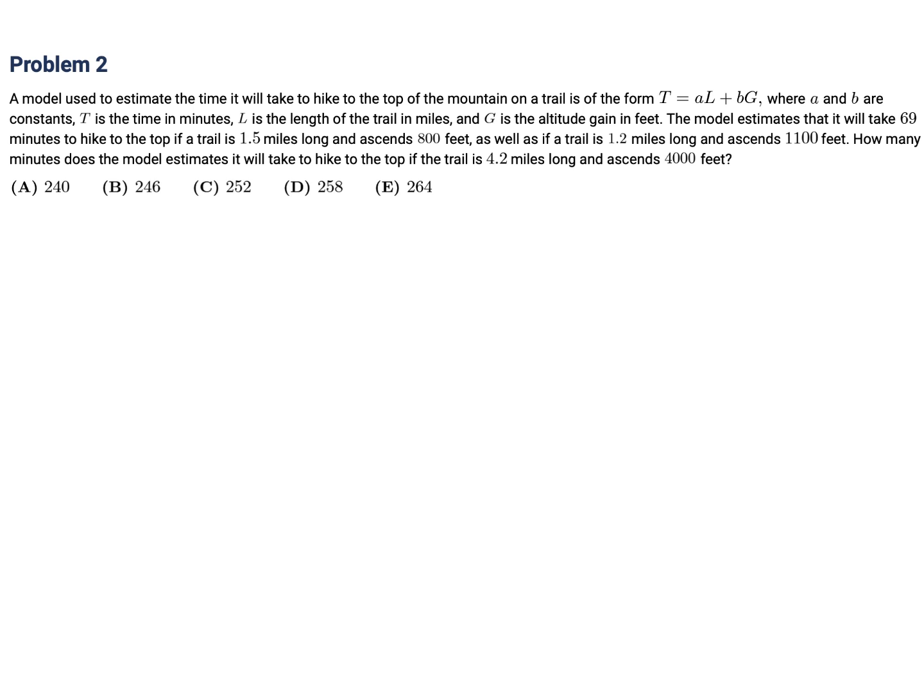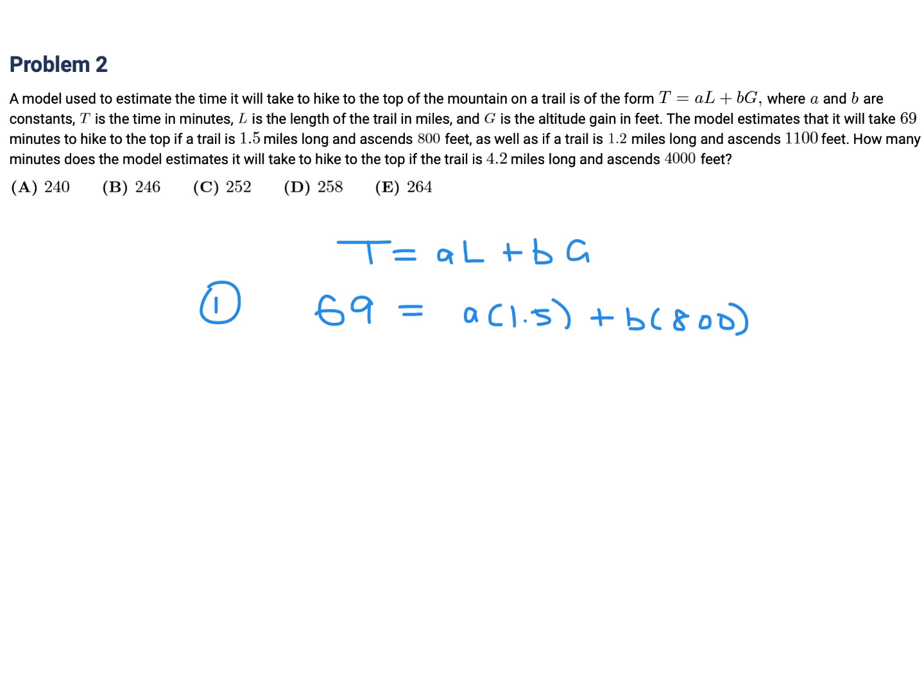All right, so we have to convert the words of the question, the sentences, into math. The first part would be 69 equals A times 1.5 plus B times 800. That is this sentence right here. The next sentence would be 69 equals A times 1.2 plus B times 1100.